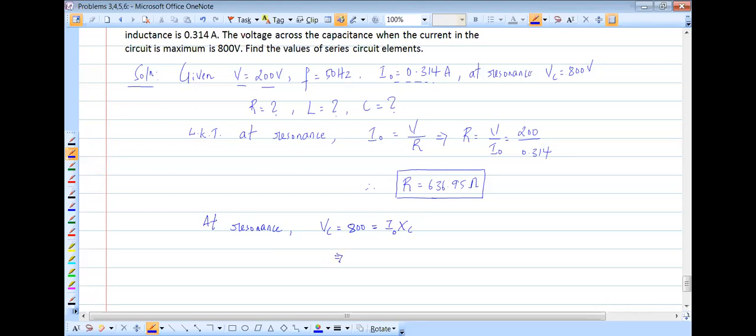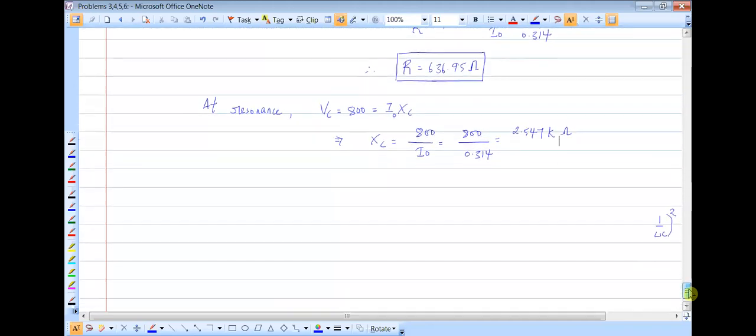This implies that XC is 800 divided by I naught, which is 0.314 amps. That XC is 2.547 kilo ohms. Since it is a reactance, it has the same unit as the resistance.